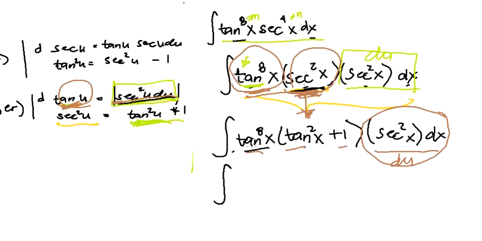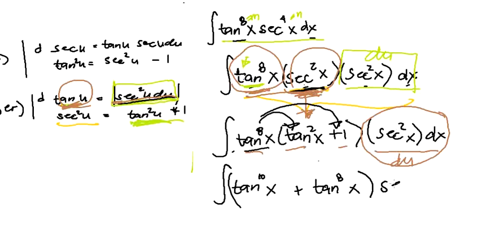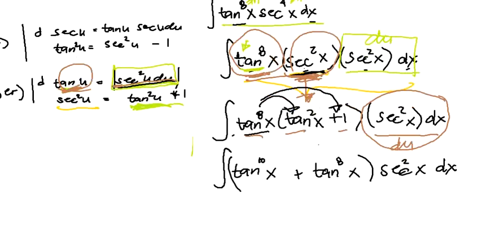Then let's simplify this. We have tangent 8x times tangent squared, which gives tangent 10x, because for multiplication we add the powers. So 8 plus 2 is 10, plus this term, tangent 8x, multiplied by the remaining term, secant squared x dx.